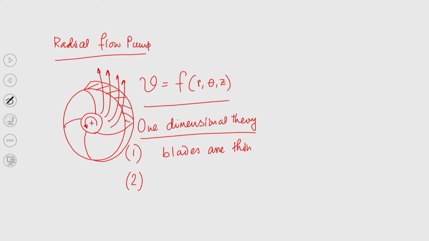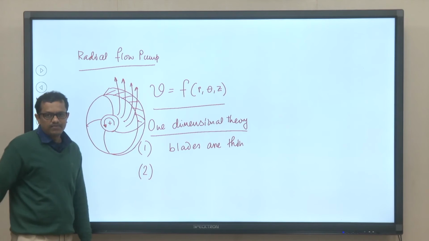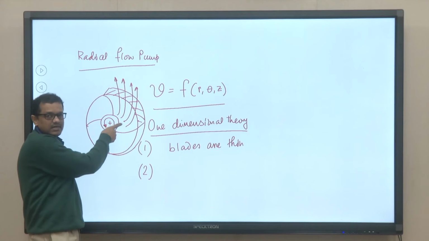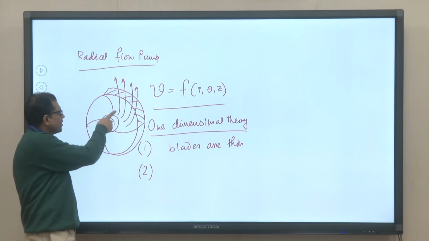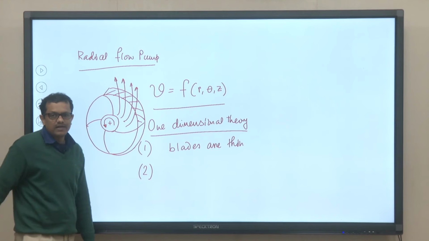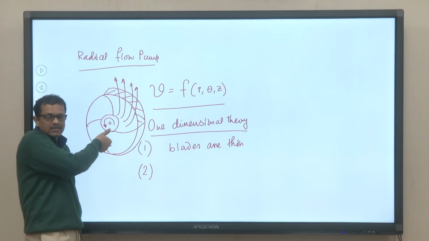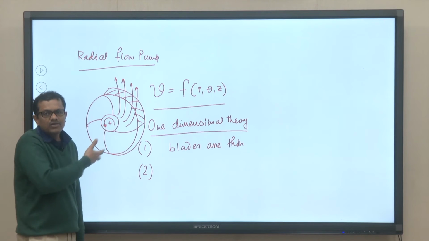Second is that when there is flow between two consecutive blade passes, you can see from the schematic that fluid is flowing through a passage which is between two consecutive blades. Now, that means the presence of blades is disturbing the flow field. What can we assume?